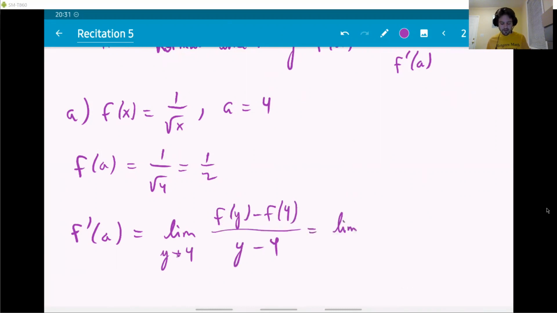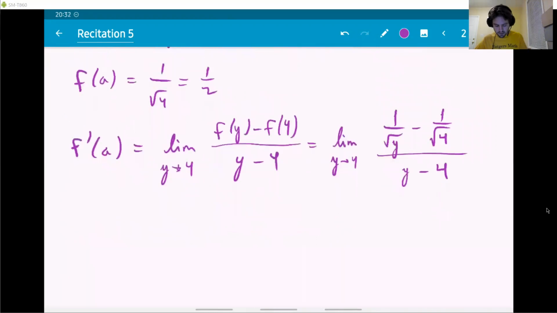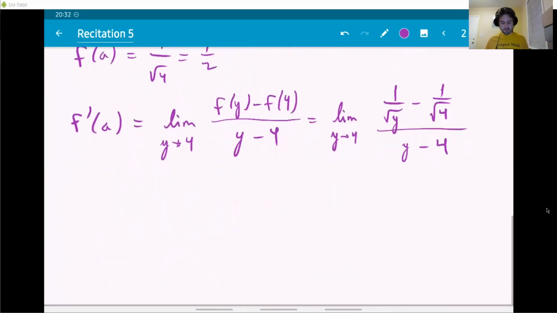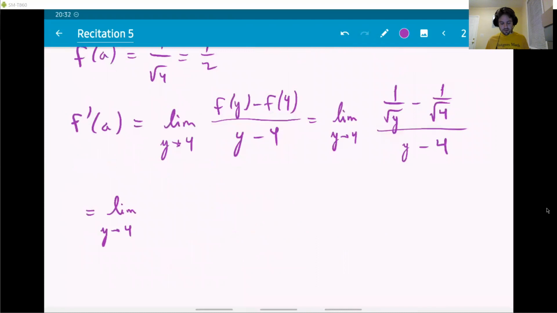So you have to find this limit. 1 over root y minus 1 over root 4 over y minus 4, because the function is 1 over root. How do we do this? You know that you're going to need to simplify something. You probably want to start with finding a common denominator for the subtraction in the top.